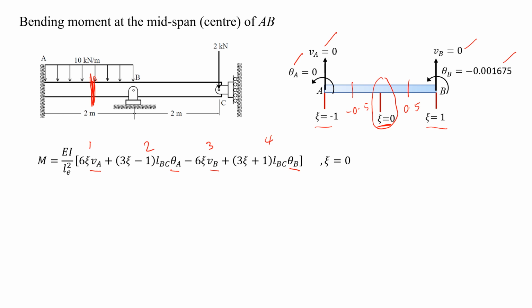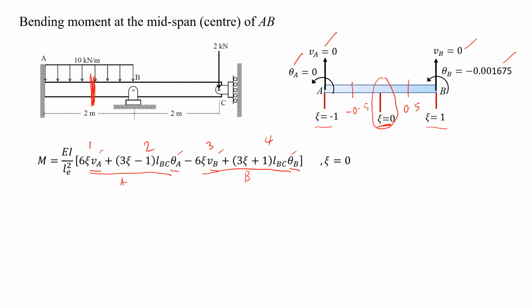So we always have v, theta for the first node, which in this case is node A, and v, theta for the second node, which is node B.